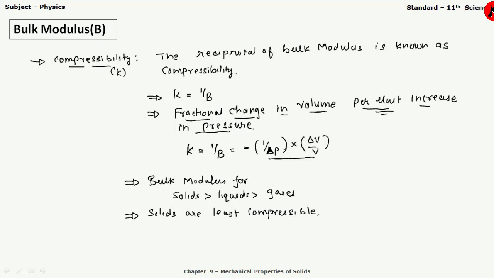It is very difficult to compress the solid body, whereas gases are most compressible. So in case of solid it is difficult to compress, but in case of gases we can easily compress.